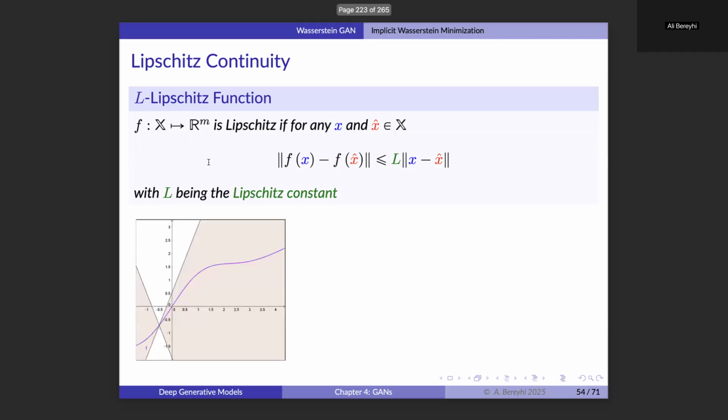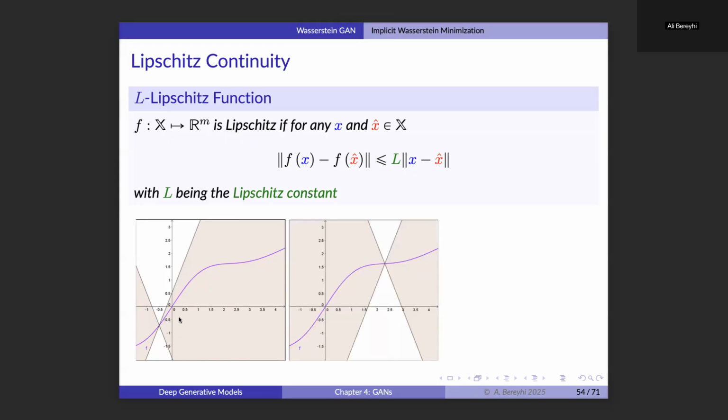Now, if you want to think about it graphically, for a scalar function it's going to look like this. The line that you see here has slope L. This other line has slope minus L. What I want is that at every single point, my derivative does not exceed this bound, so it's not going to be out of this range. And I don't care where I put my point.